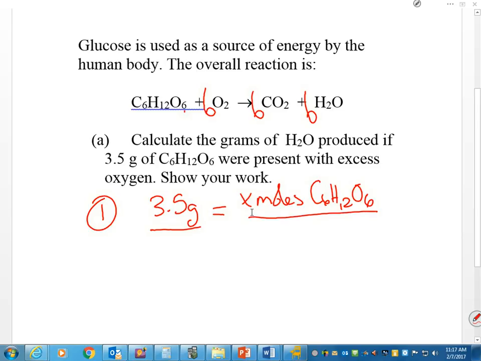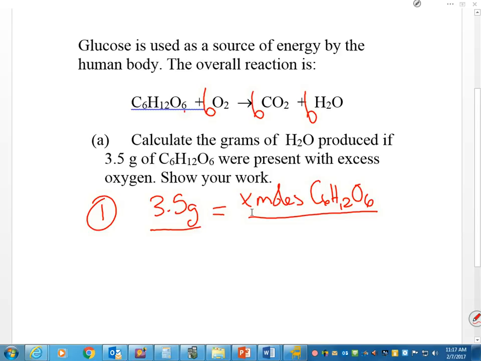Now, what do we need the molar mass of? Not water. We need the molar mass of C6H12O6. Okay? So for our purposes, we are not going to use the periodic table in the back of your textbook because it has different numbers than the periodic table in our booklet. So we're going to use it from our booklet. What is it? The green page, right?